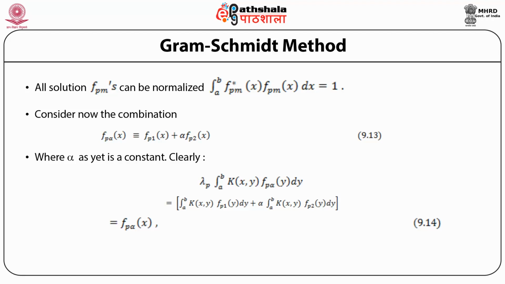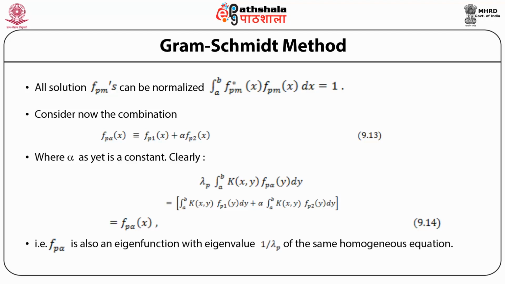The first is the integral of k(x,y) multiplied by f_p1. The second is alpha times the integral of k(x,y) multiplied by f_p2. So this we write as f_p alpha(x). That is, f_p alpha is also an eigenfunction with the eigenvalue 1 upon lambda p of the same homogeneous equation.